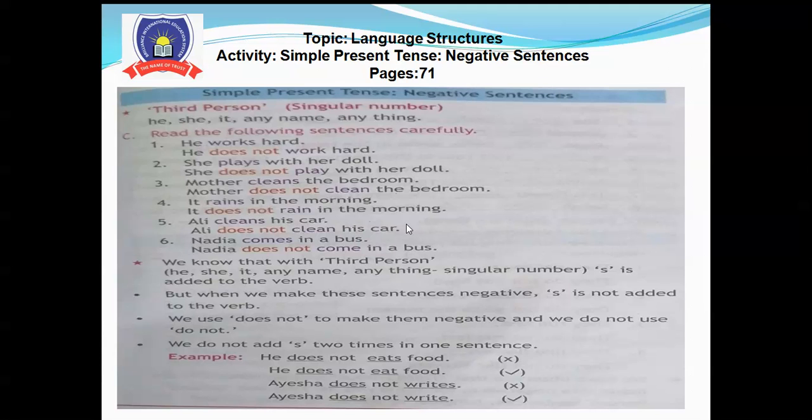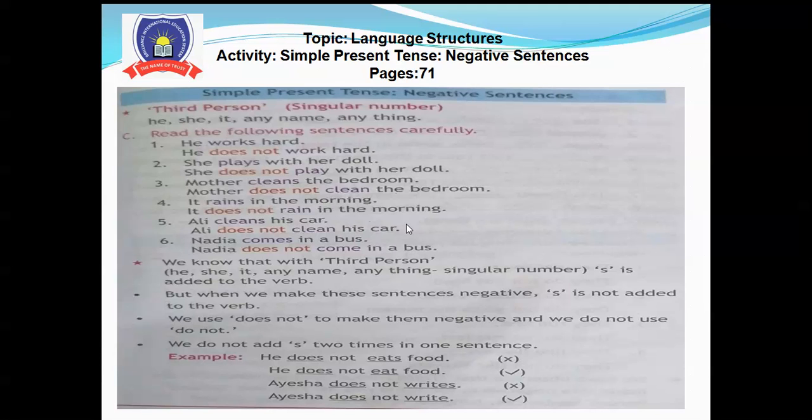We know that with the third person, he, she, it, any name, anything, or singular number, s is added to the verb. But when we make these sentences negative, s is not added to the verb. We use doesn't to make them negative, and we do not use don't or do not. We do not add s two times in a sentence.